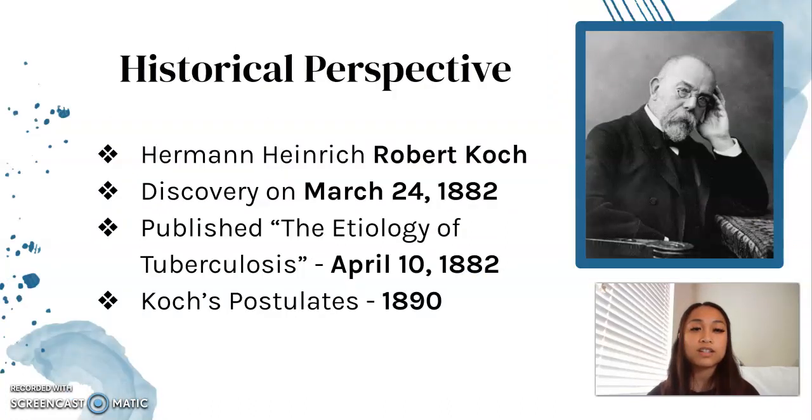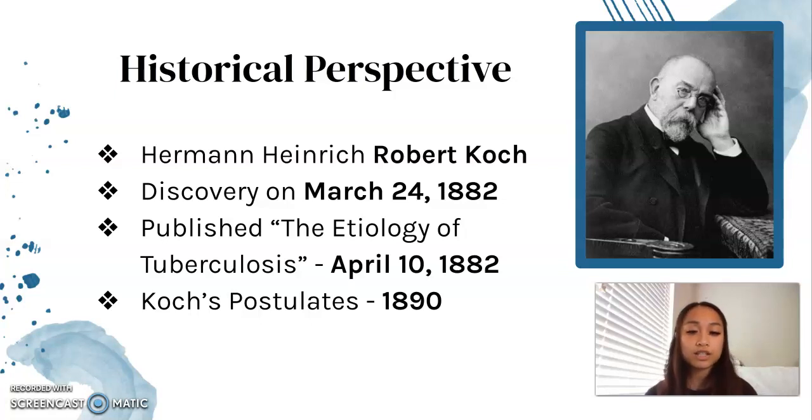The history regarding this disease is quite interesting. We're really familiar with Robert Koch, but he was the one that discovered and identified Mycobacterium tuberculosis on March 24th, 1882. Then he later, on April 10th, 1882, published the Etiology of Tuberculosis, which goes into detail describing and characterizing the causative agent, this bacterium, to produce tuberculosis.